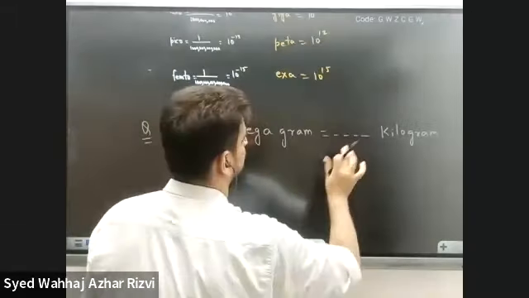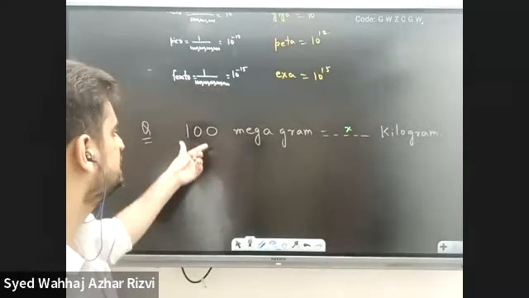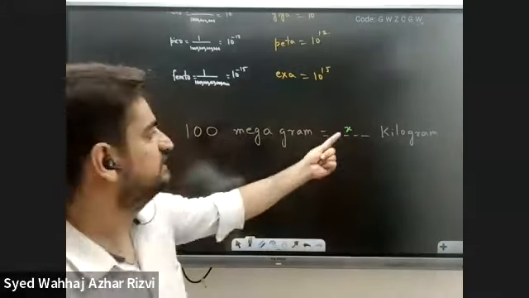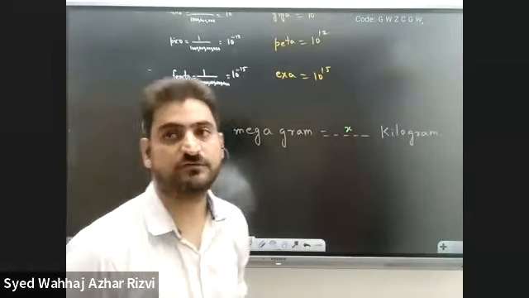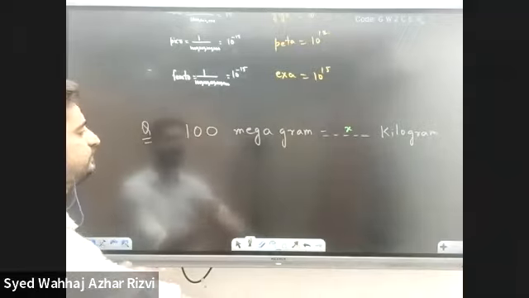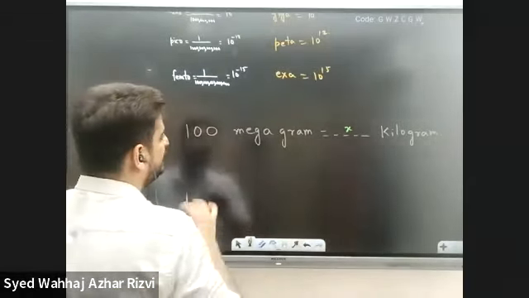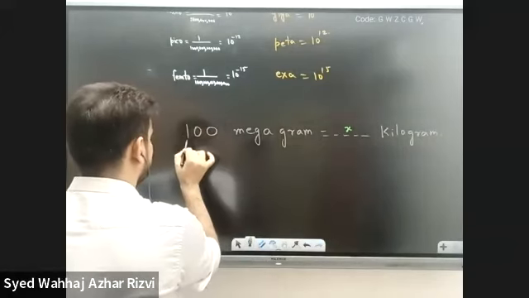Since we don't know, fill in the blanks here, let's call it X. So let's say 100 megagrams is equal to X kilograms, and we have to find the value of X. What is X? Okay. So how do we try to find it out? This is 100.